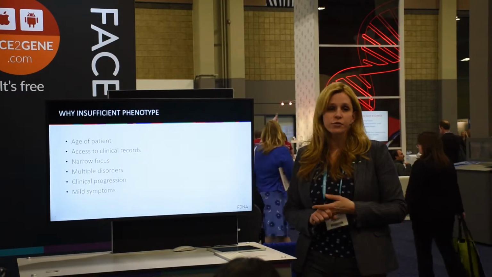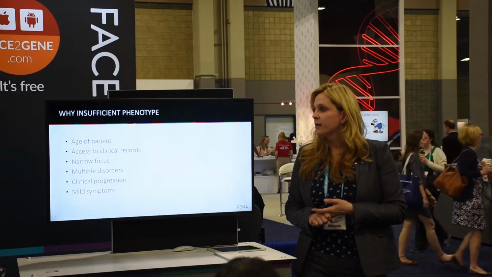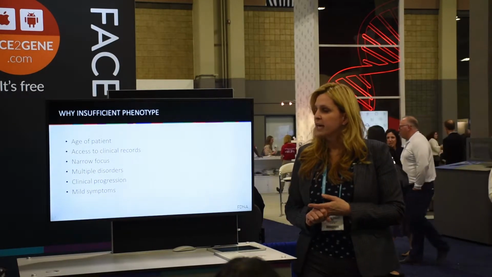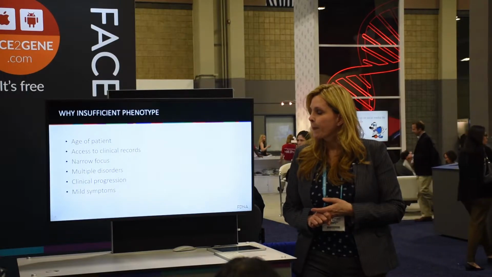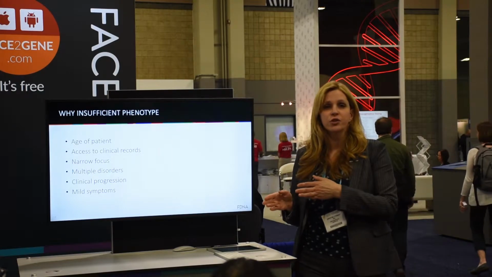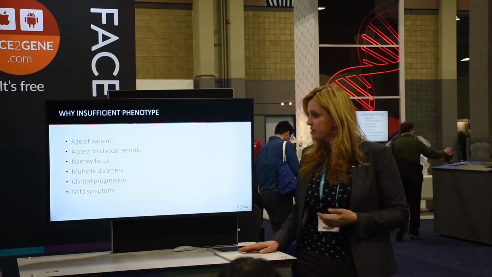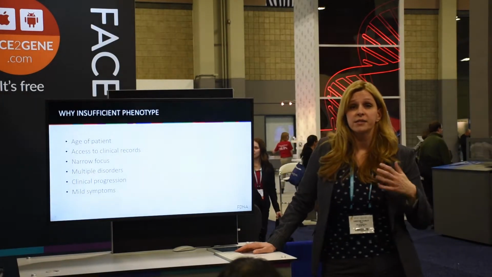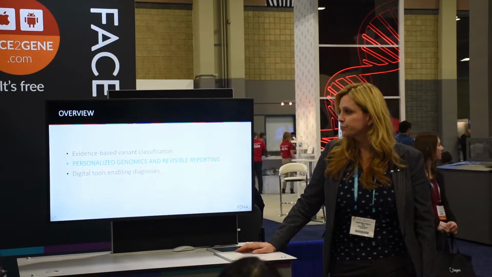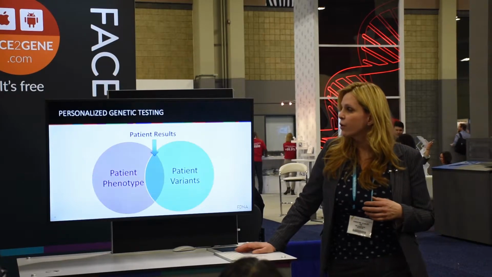The specialist, whoever's ordering the testing, may have a narrow clinical focus, and the patient could have more than one disorder, so that can cloud the interpretation and the identification of a distinct phenotype. The disease could have a clinical progression, and so depending on what stage you're looking at that patient, that disease may not be presenting with those clinical symptoms, or the symptoms could be mild because there's a broader spectrum of phenotype associated with diseases.